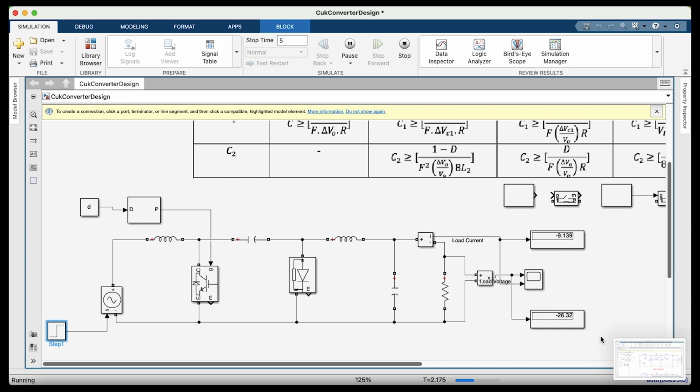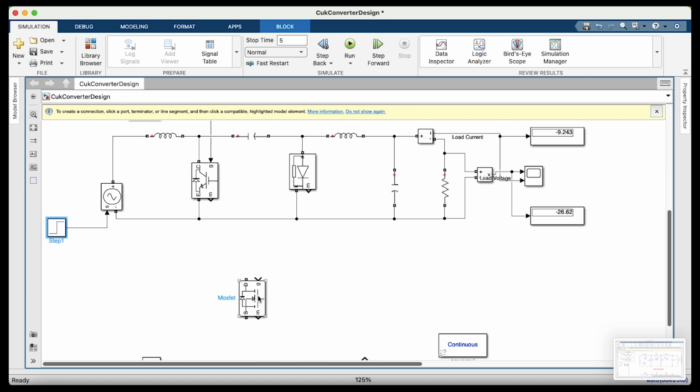To avoid that, we are moving to a PID-based PWM generator. In renewable energy applications, the solar panel will vary the output voltage with respect to irradiance level. So under those conditions, we need to give a variable duty cycle instead of a constant duty cycle to the IGBT. So I am introducing a PID controller for this case.